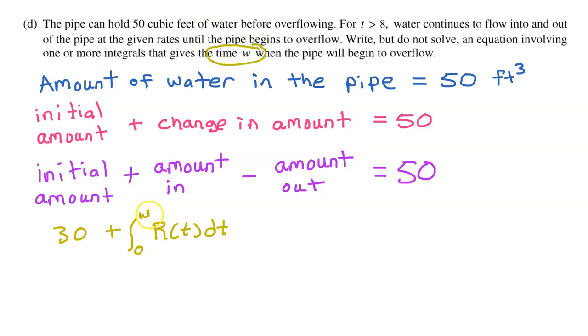So instead of putting a number here, we'll just put the variable w. So this is an expression for the amount of water coming into the pipe. Now we subtract the amount of water that flows out of the pipe from time 0 to the mysterious time w. And of course for that, we will integrate the rate out, d of t.